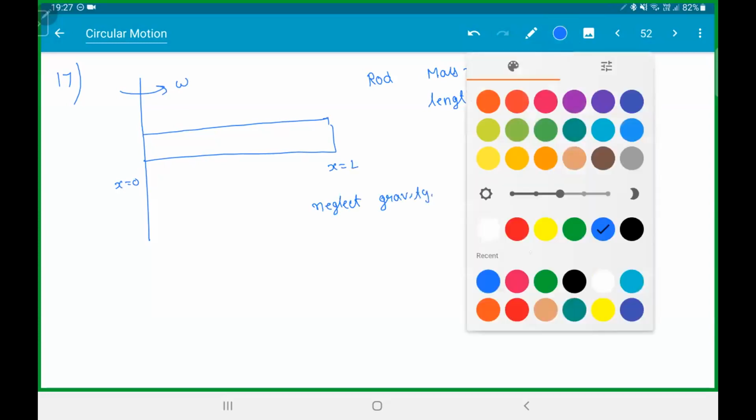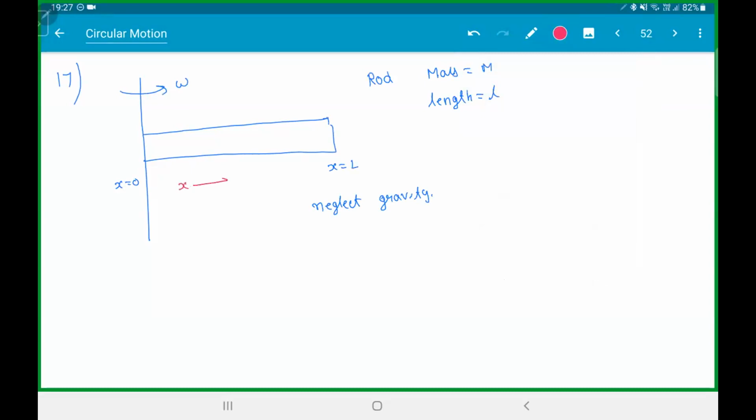Find tension in the rod at a distance x.